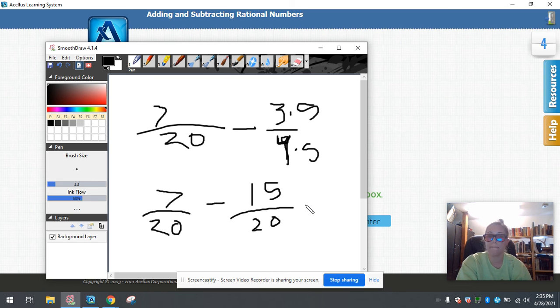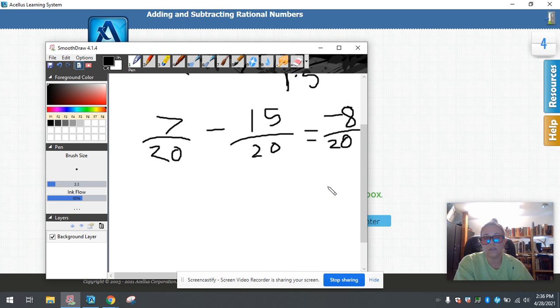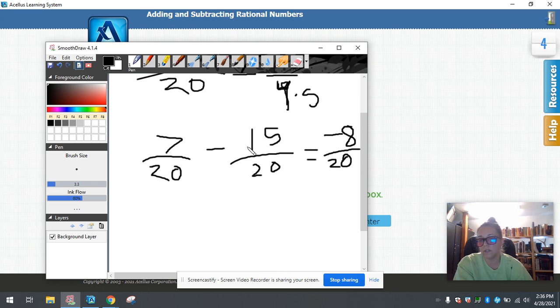Subtract 7 minus 15. Oh no, I'm taking away more than what I have. It's okay. We're going to end up with -8 out of 20. The way that you can kind of do this in your head is if you have a positive and a negative, remember same signs add, different signs subtract.